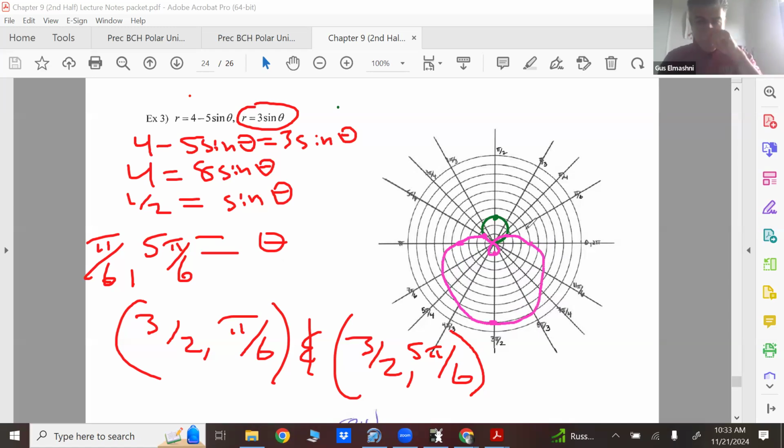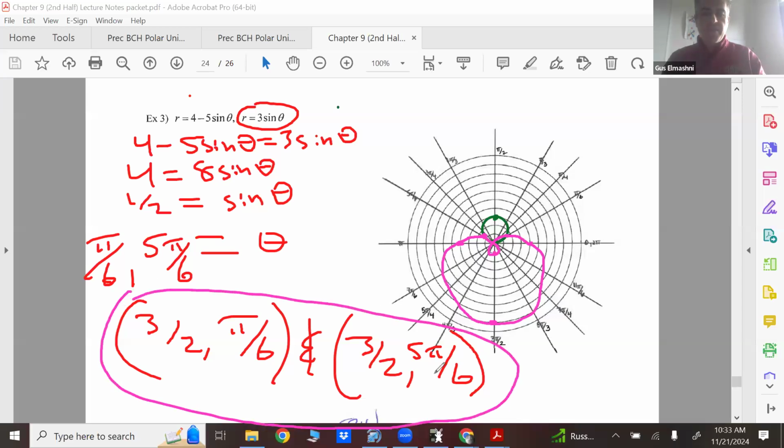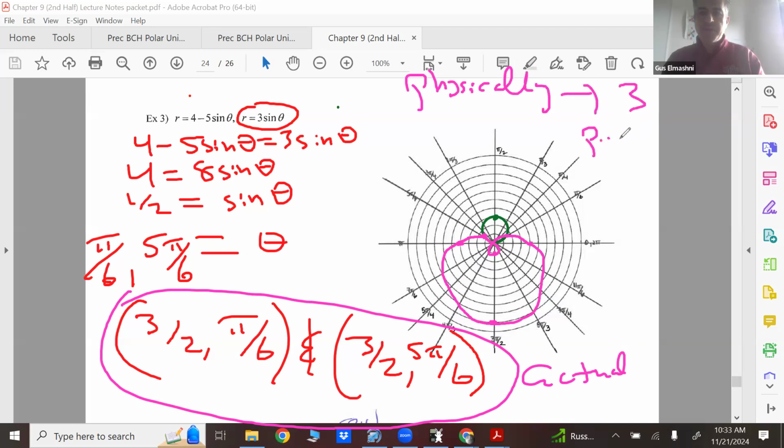Okay, so here's the deal, guys. So these were actual, right? But physically, the 3 points of intersection, including 0,0.